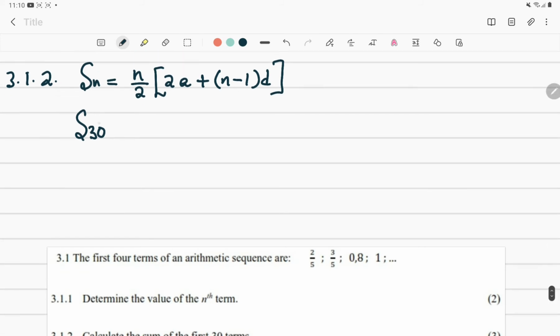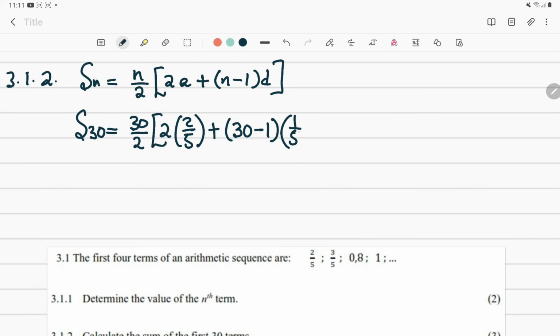So S of 30 will be, where there's n, you replace 30, over 2, and where there's a, you replace by 2 over 5, plus, where there's n, 30 minus 1, and where there's d, 1 over 5.